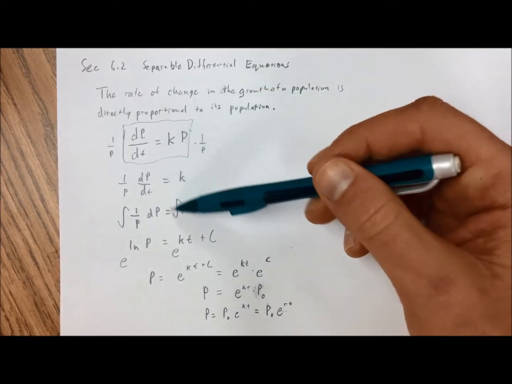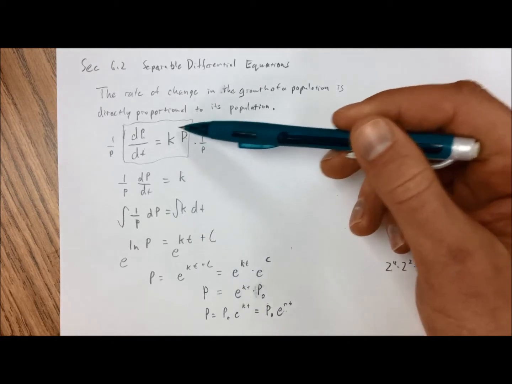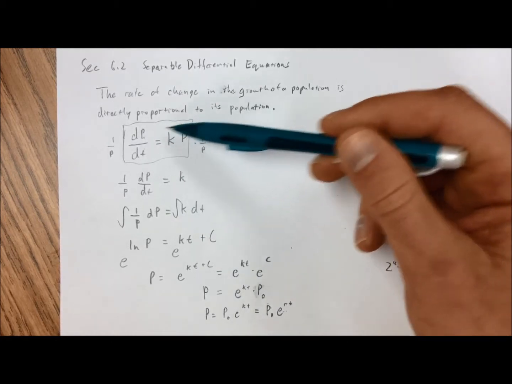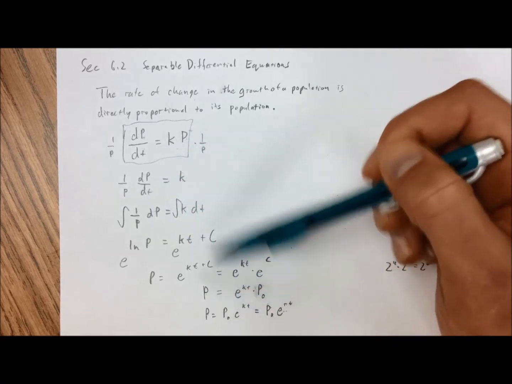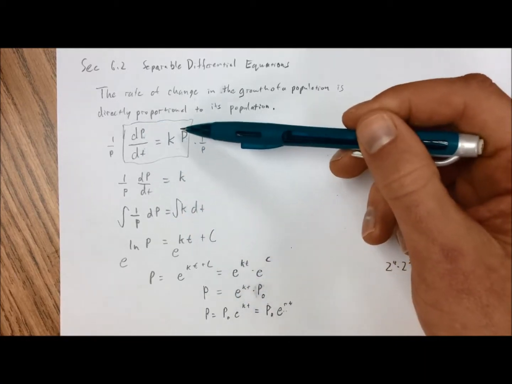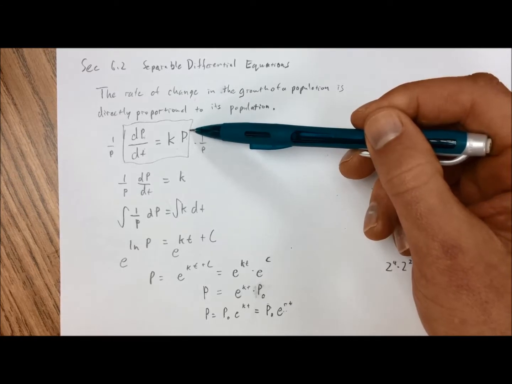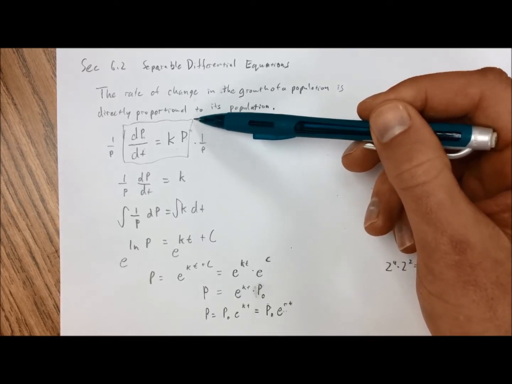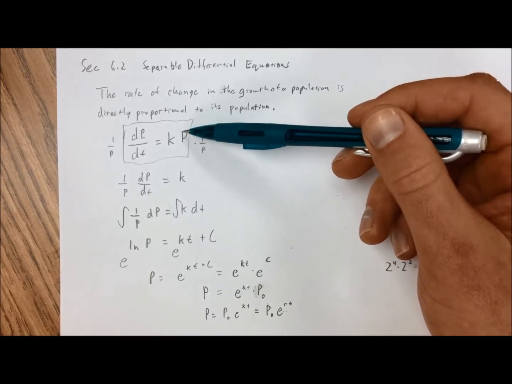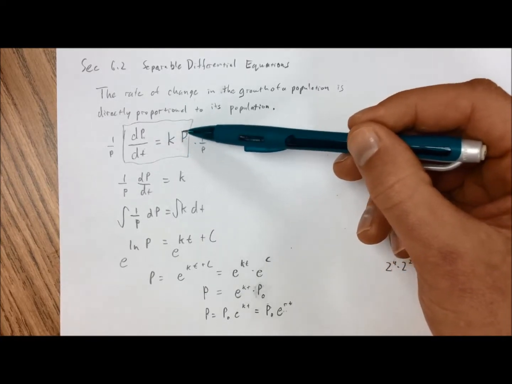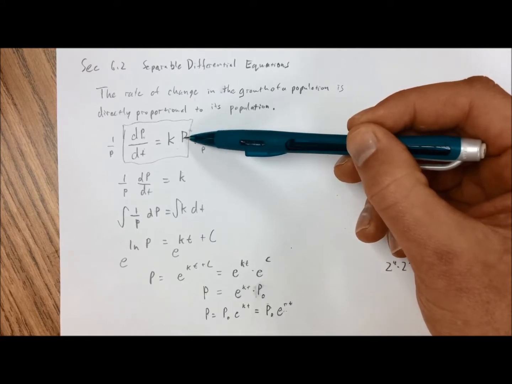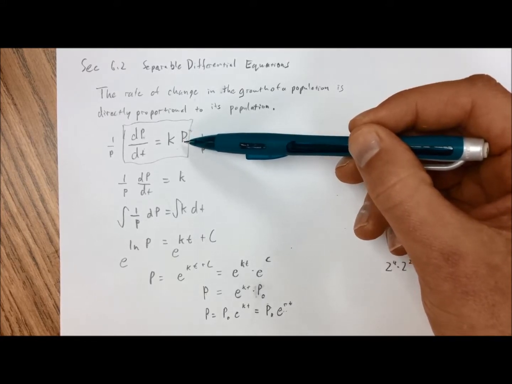So most of the equations that we're going to deal with are going to be something like this. They may have you set it up, and you'll have to antiderive and solve. Now that you recognize this one, do you have to go through it over and over again? No, not at all. But they may say the change in population over the change in time is directly proportional to the population plus 50.